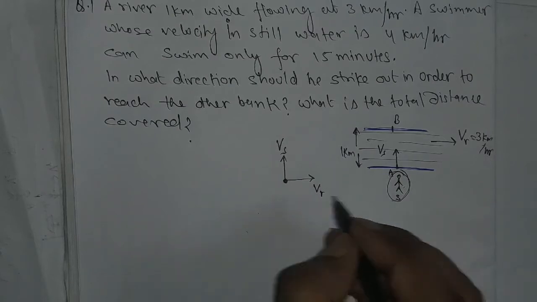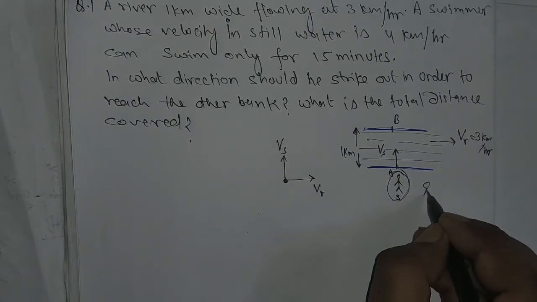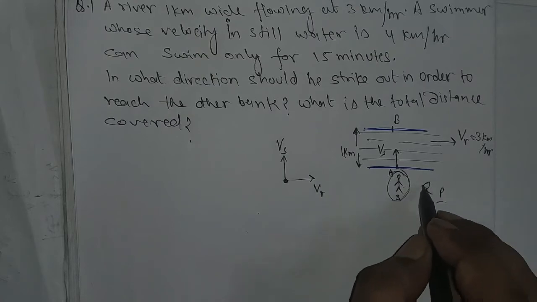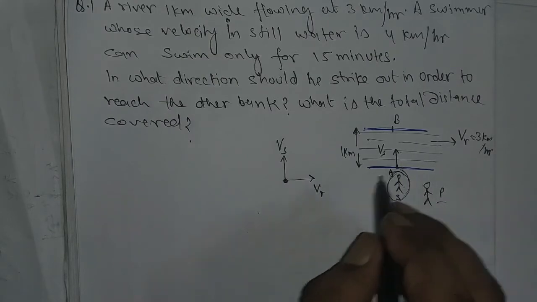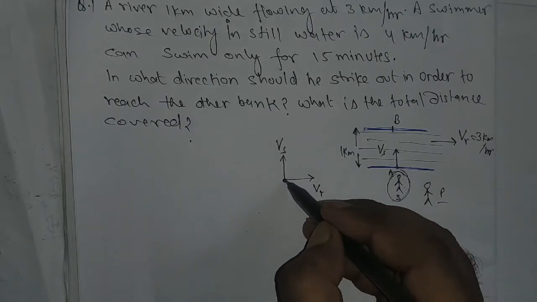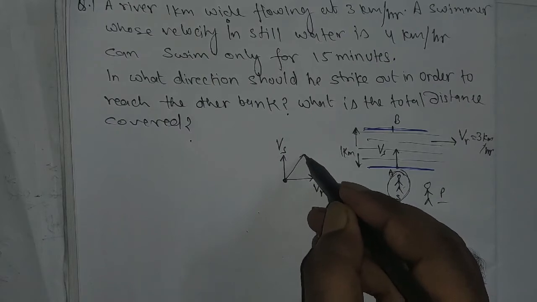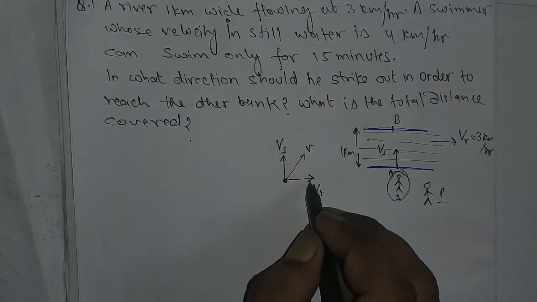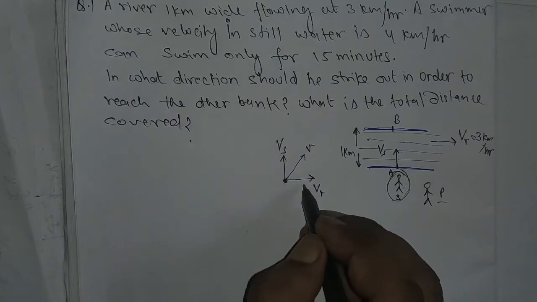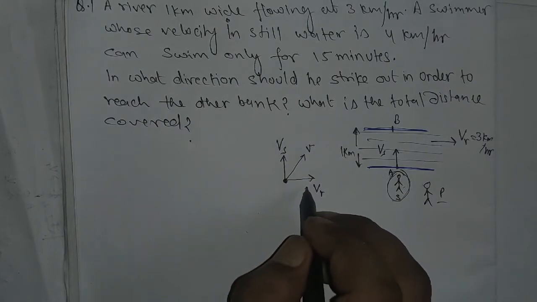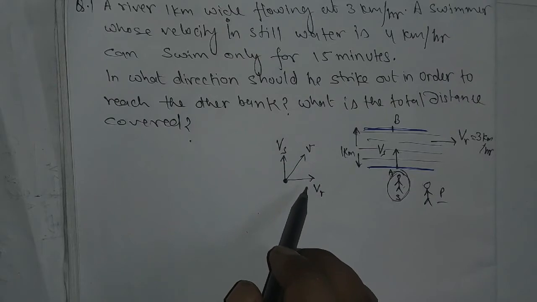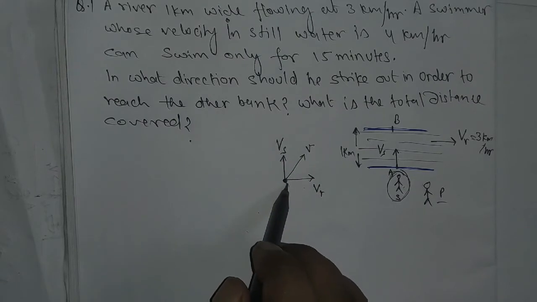See, and one person is here. This means the person is watching this man. So what he will observe is that this man is going towards this direction, as we discussed earlier. Means the swimmer's velocity will be along the direction of the resultant of these two velocities.